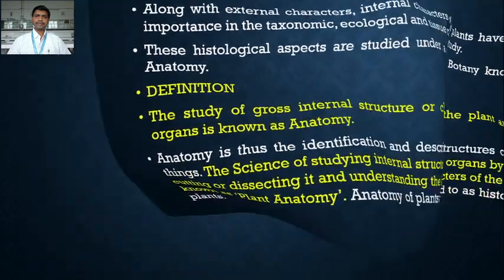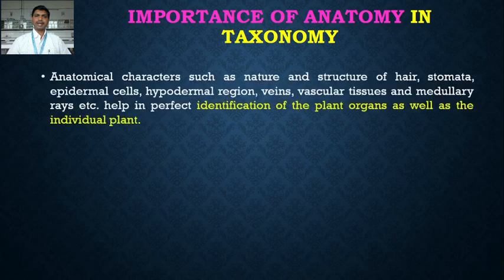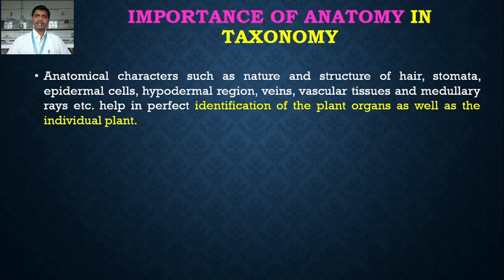Okay, now we are going to study the importance of anatomy in the different fields of botany. The first one is the importance of anatomy in taxonomy. Anatomical characters have been used in taxonomy. So what is taxonomy?